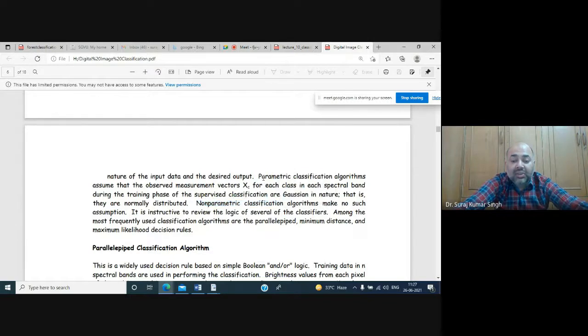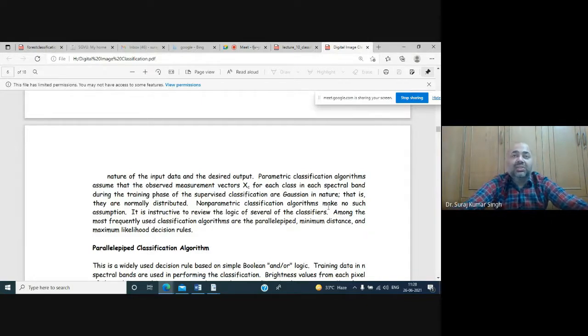What does parametric classification do? The parametric classification algorithm is an equation that assumes that the observed measurement vector that we have calculated for each class in each spectral band during the training phase of the supervised classification is Gaussian in nature.